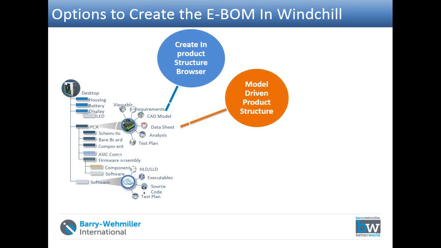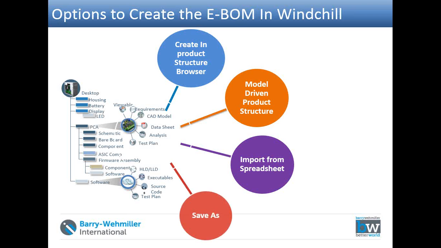Then the model-driven product structure, wherein 3D CAD applications can be used to create the E-BOM. Then we'll see how the E-BOM can be created by importing a spreadsheet into Windchill. And at the last, we will see how the BOM can be used by Save As, if the engineer wants to reuse an existing BOM.